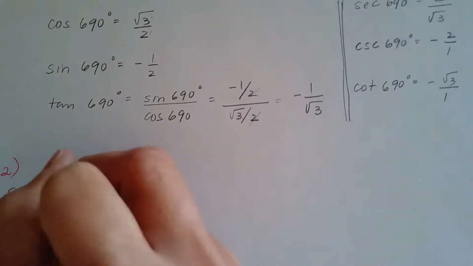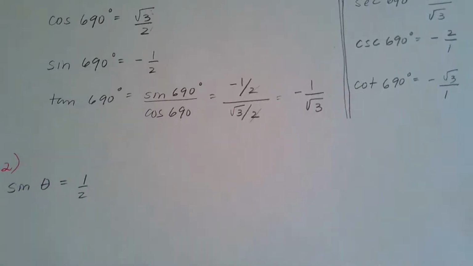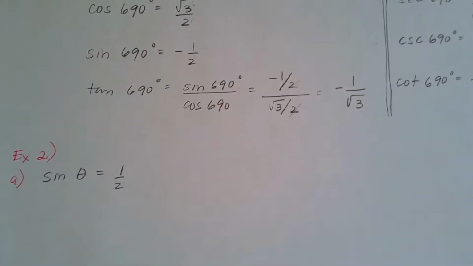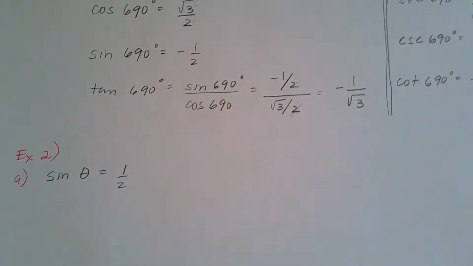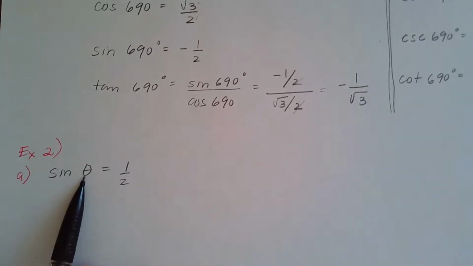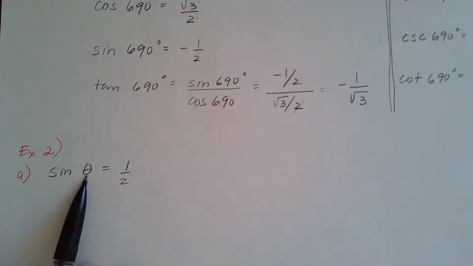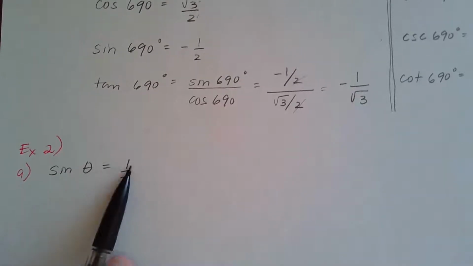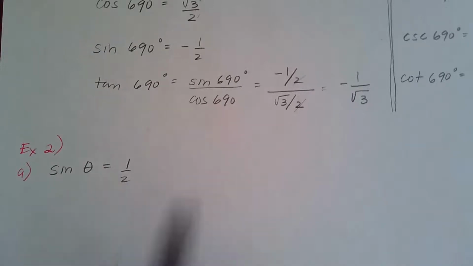Sine of theta is equal to 1/2. Now, this is a backwards question because what we're trying to do now is find what angle I need to get a 1/2 for sine.